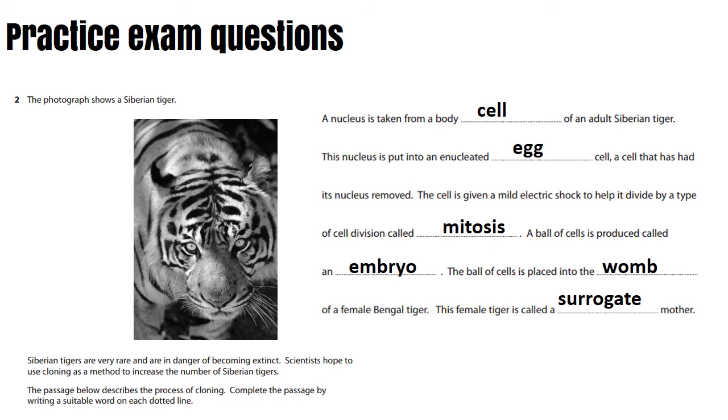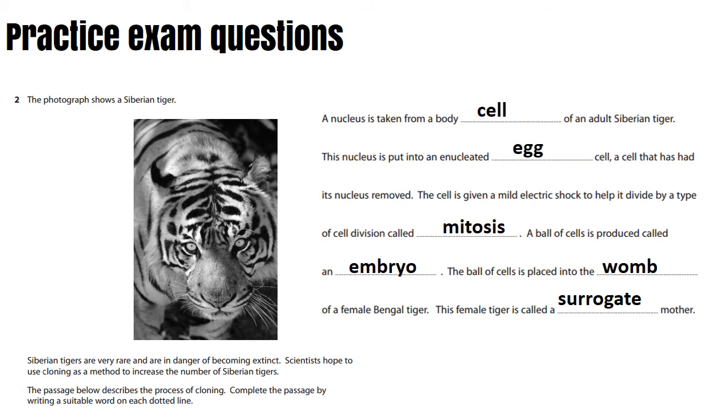A ball of cells is produced called an embryo. You may have got that one. That's fairly set in stone in our method, in our instructions for making a clone. But basically, any unborn human that's under 12 weeks old is an embryo. So in that really early stage of a baby growing, we call it an embryo.